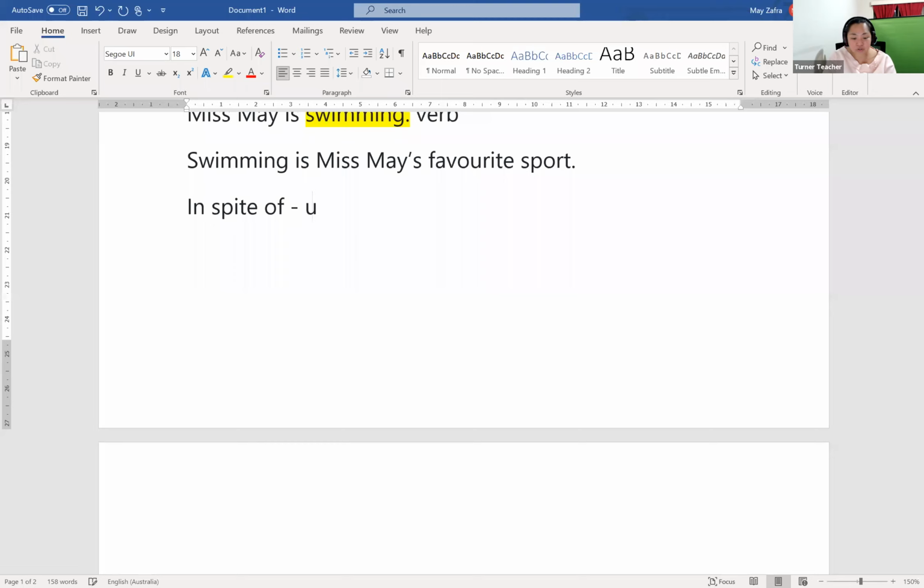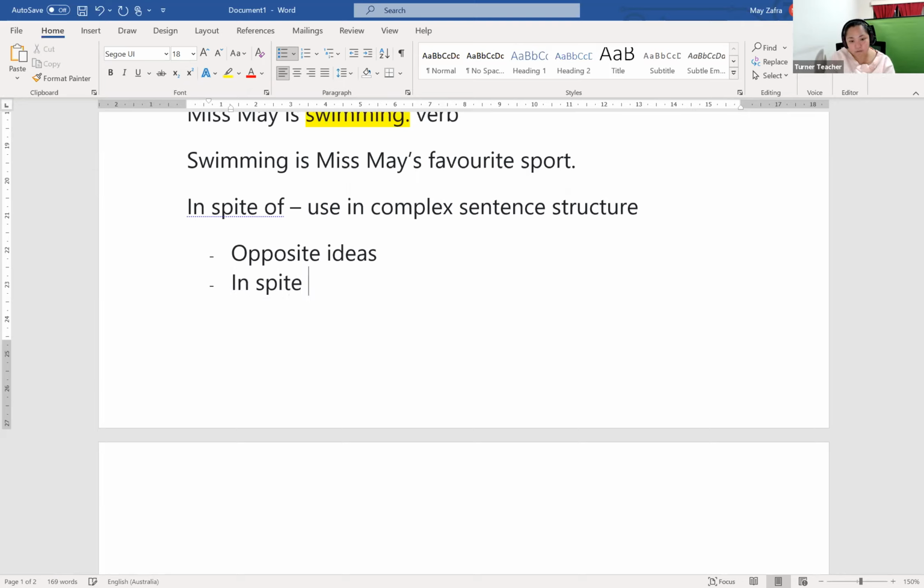It is also used in complex sentence structure, and it's also used to signify opposite ideas. However, the rule for using in spite of is that it has to be followed by an adjective.